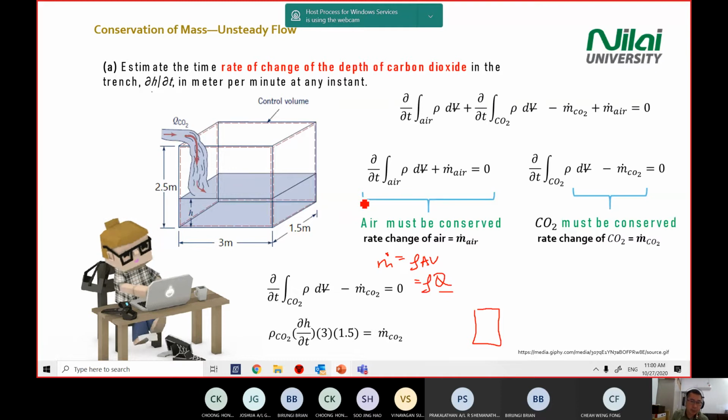Because the previous example, we only deal with one medium, with its air all the time, or water. But in this case, there's a mixture of two medium. And our volume here is changing. So we cannot equal the control volume component to 0 because it keeps changing. All right.